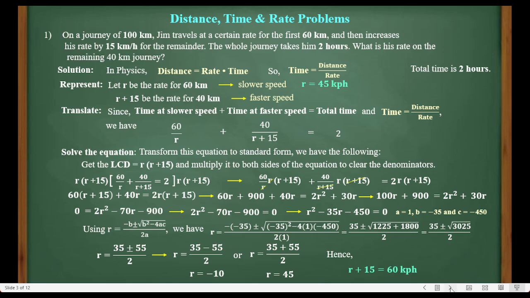So, his speed for the remaining 40-kilometer journey is 60 kilometers per hour, and this is the answer.